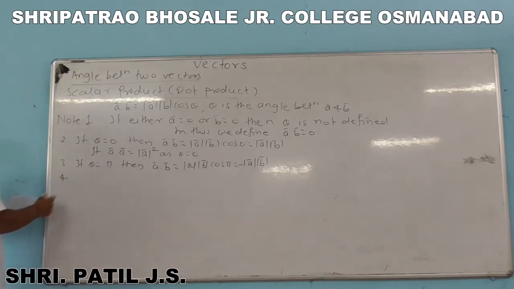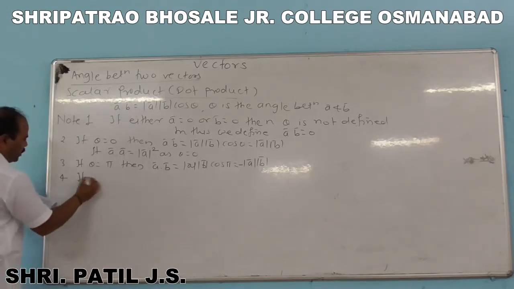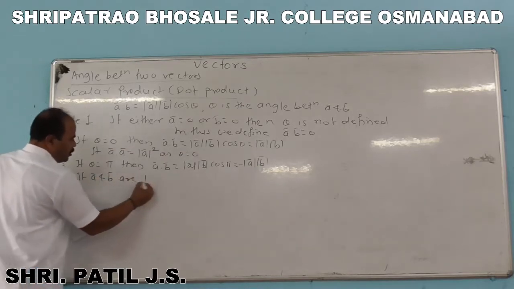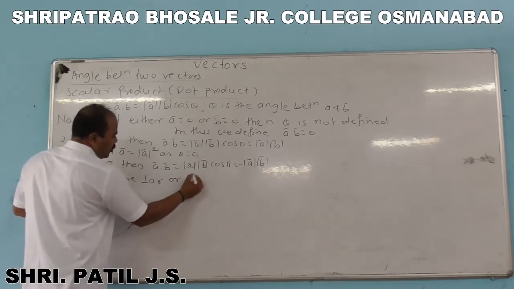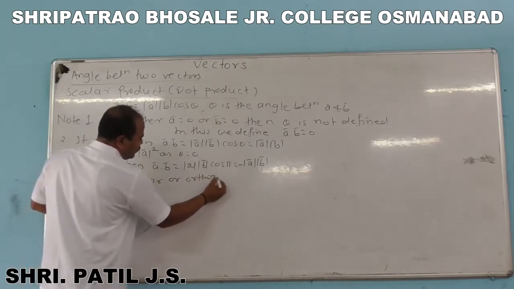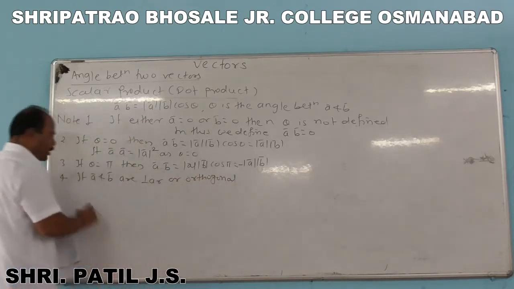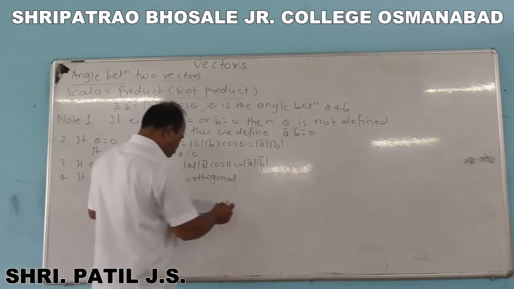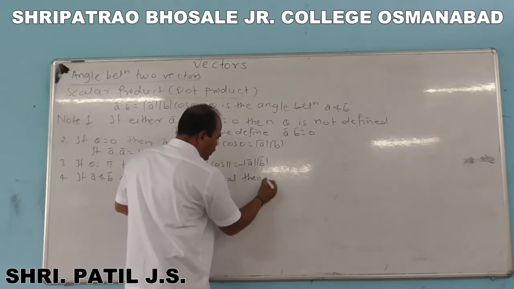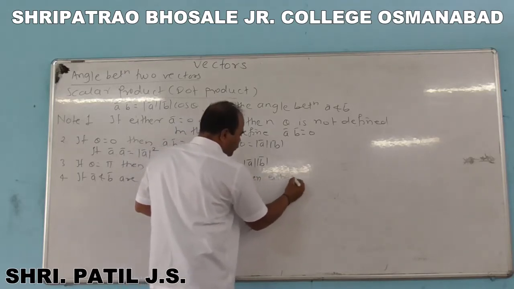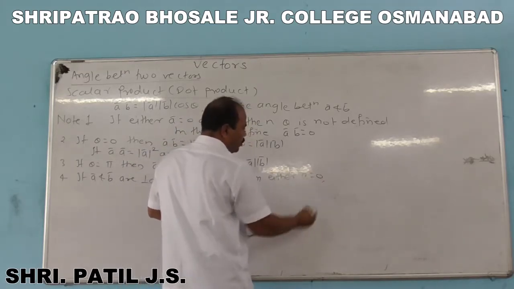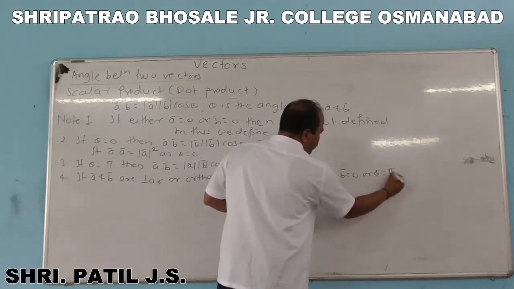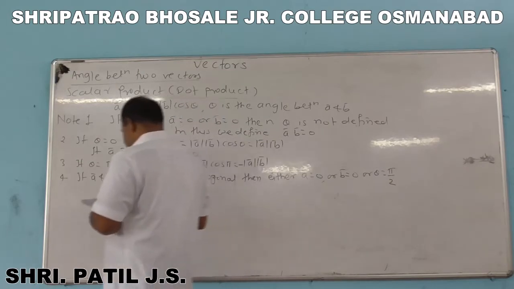Then this note is important. If A bar and B bar are perpendicular, or known as orthogonal, then either A bar equal to 0 or B bar equal to 0 or theta is equal to pi by 2, means 90.